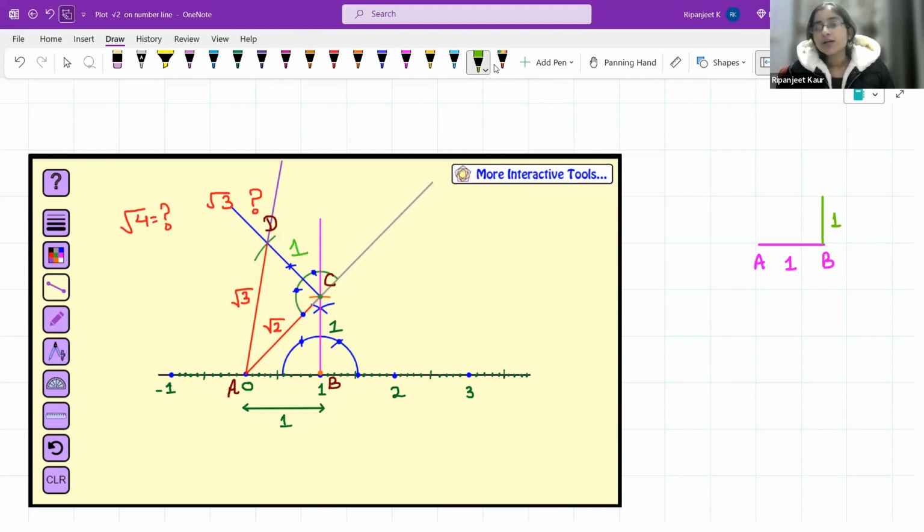After that, this 1 unit green line that we had drawn, what was it? Well, it was a perpendicular, right? It was a perpendicular line. Then we had joined this and this point, right? We call this C.